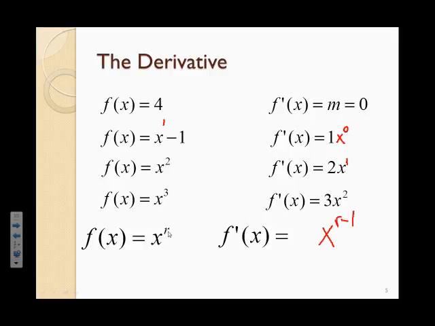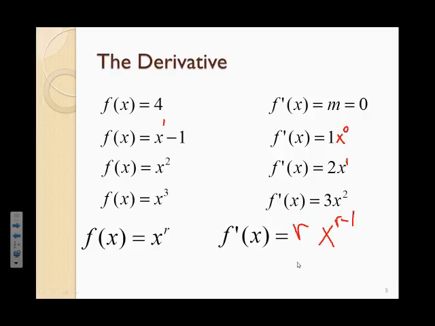Now, sometimes there's a number in front of the x, and hopefully we can also see that when we're working with that. We notice that it's a 3, a 2, and then a 1. And if we look over here, we see, oh, yeah, in the original function, the power was to the third, the power was to the second, and this one, the power was to the first. So then that must also be true. So if the power is r over here, this value must simply be r.